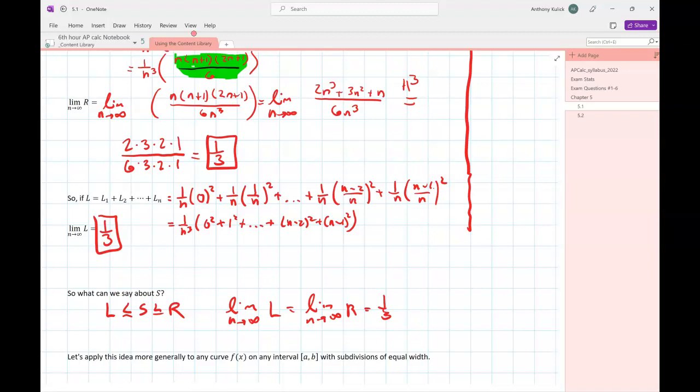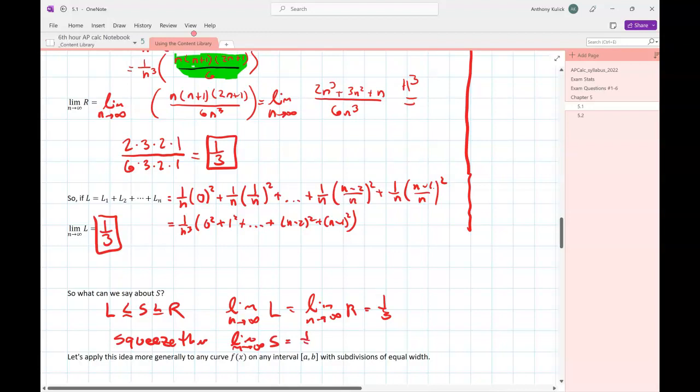What are those the conditions for? That's the squeeze theorem. What is the squeeze theorem going to tell me then? The limit as n approaches infinity of S is going to equal 1/3. And that is still going to be S, right? If I take S and divide it up into infinitely many pieces that are exactly the area under the curve, it's just going to be S, right?